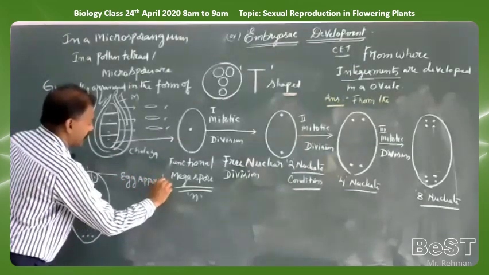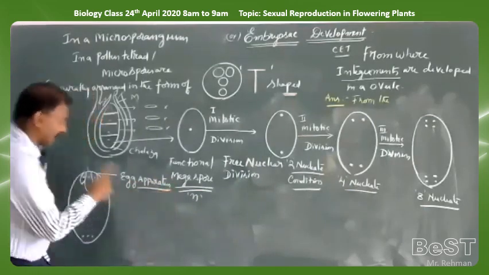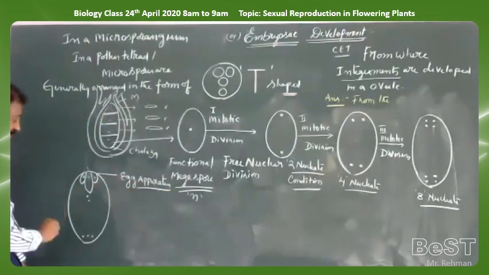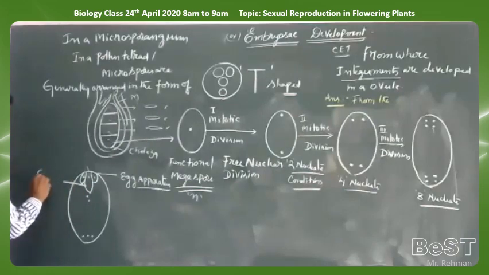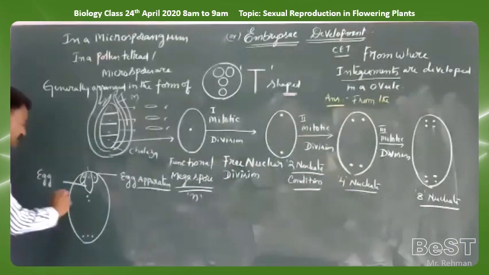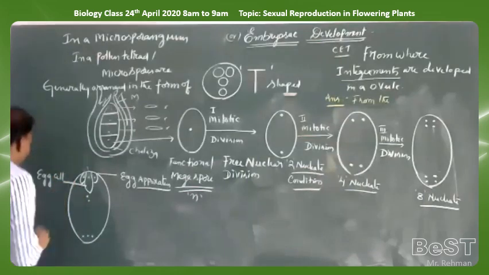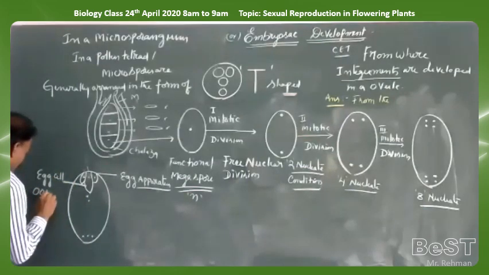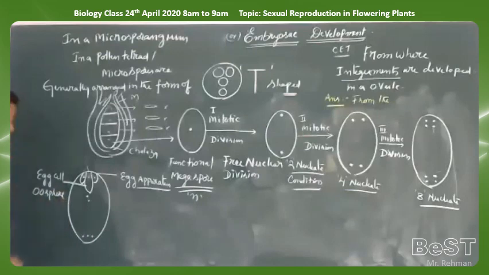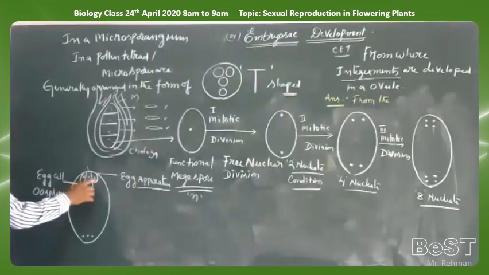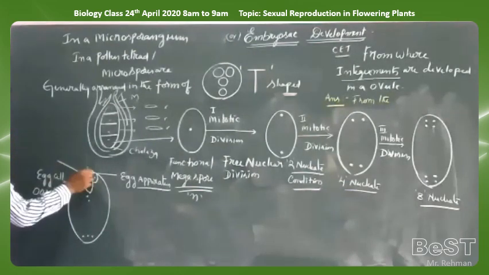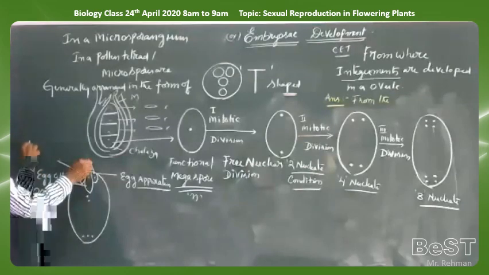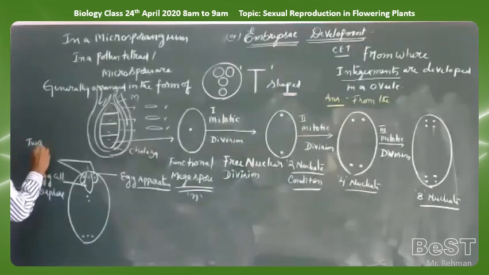The egg apparatus consists of a central egg cell or oosphere, and on the two lateral sides, two synergids.